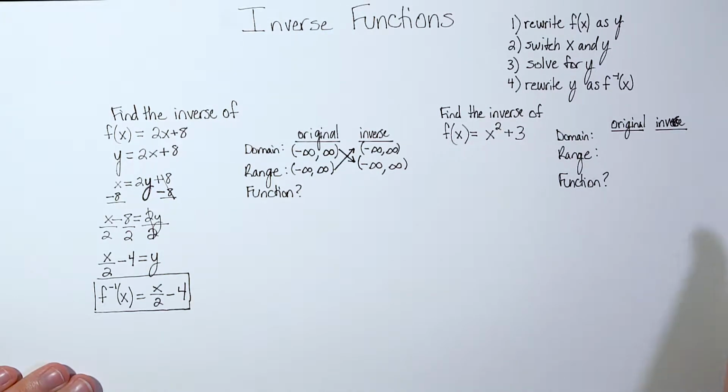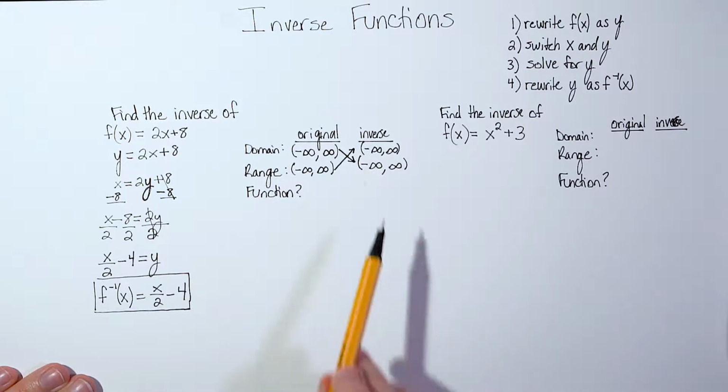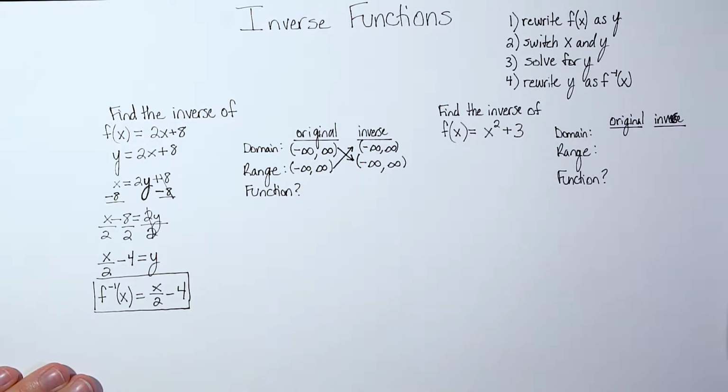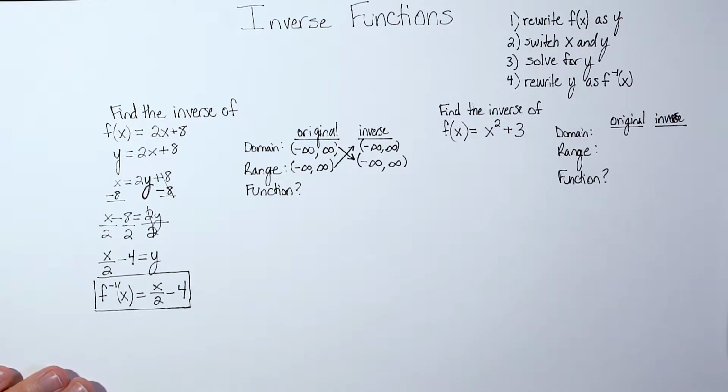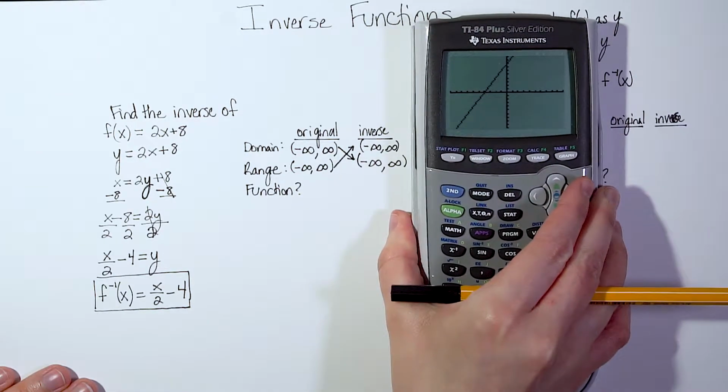We can prove that to you by graphing it, and I'll show you that in just a second, just to prove to you that it does in fact switch. And for our function, we also have kind of a cool trick with that too. So in the original, we would pull that out, and I've still got that original graphed.